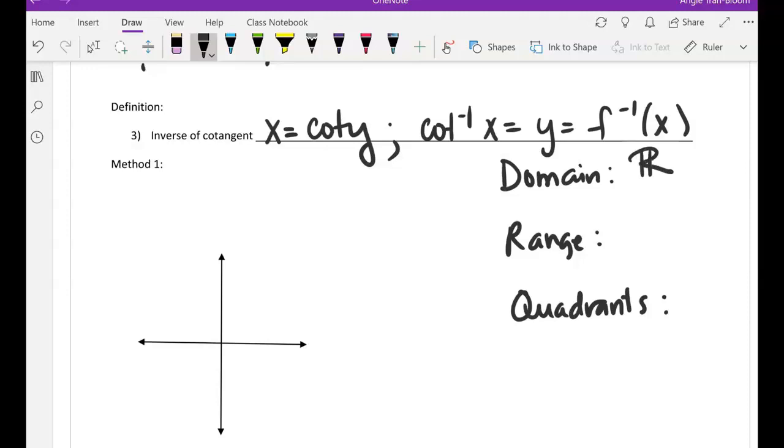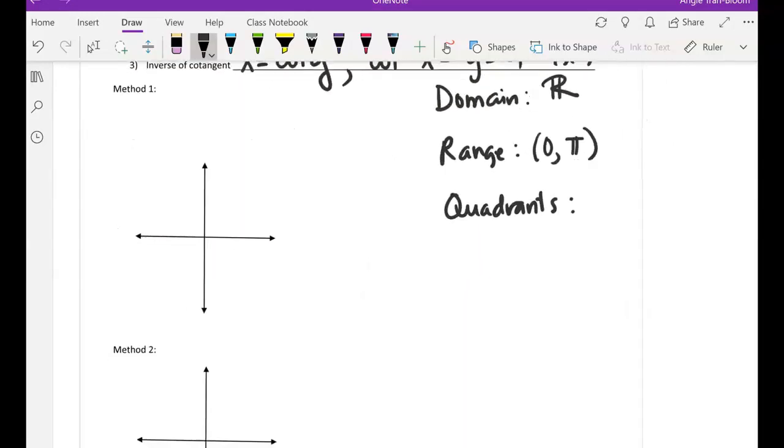What's the range of our cotangent inverse? 0 to pi. Now, as you know by now, I do relate these back to the quadrants. What two quadrants is cotangent inverse in? 1 and not 4. 1 and 2. Okay? So now we have all 6 of the inverse functions.